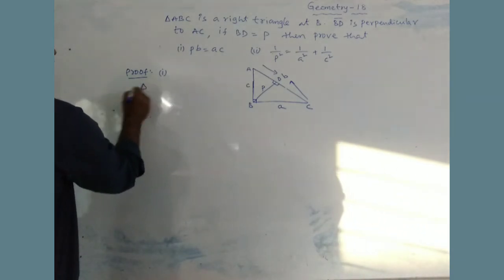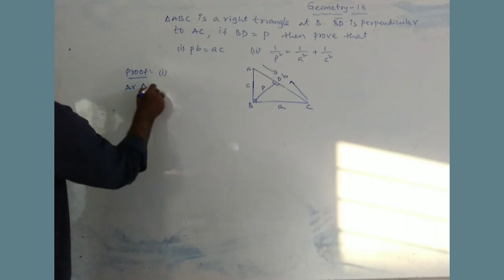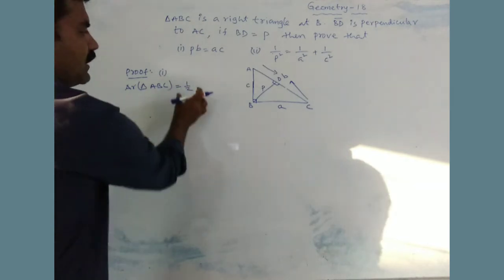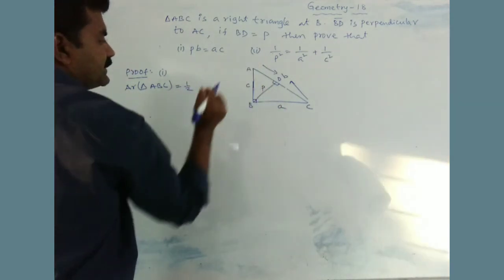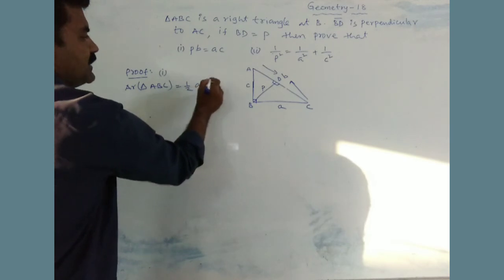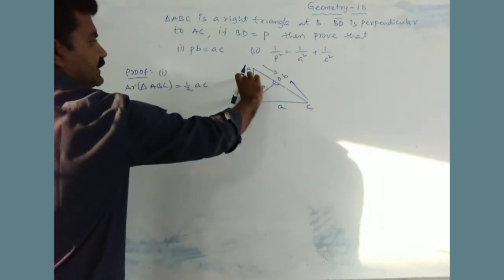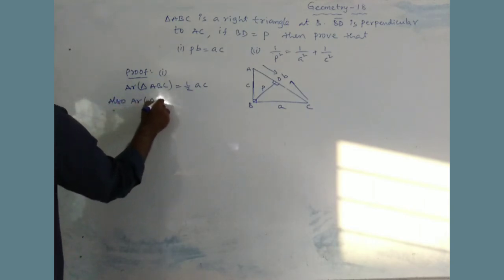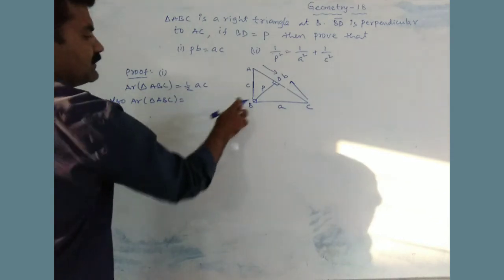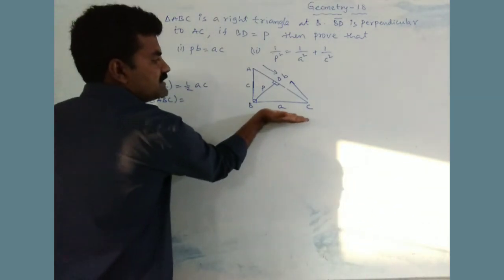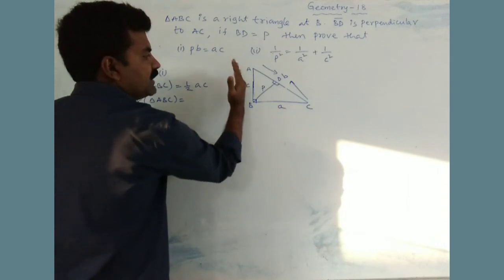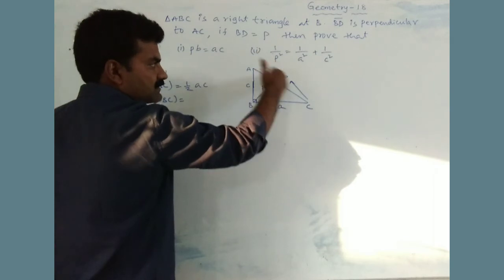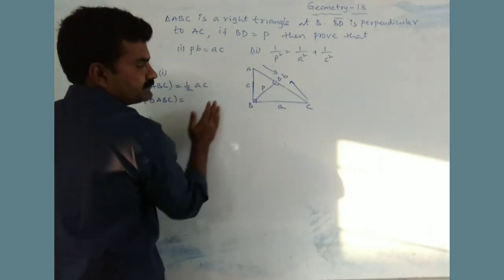Okay. So coming to proof of first case. Here I can write that area of triangle ABC is equal to generally half into base into height. I can write half into AC, base and height. And you see children, here also we can write the area of the same triangle. Earlier when I considered BC as a base, then AB is the height. But when we consider AC as a base, then BD is the height.